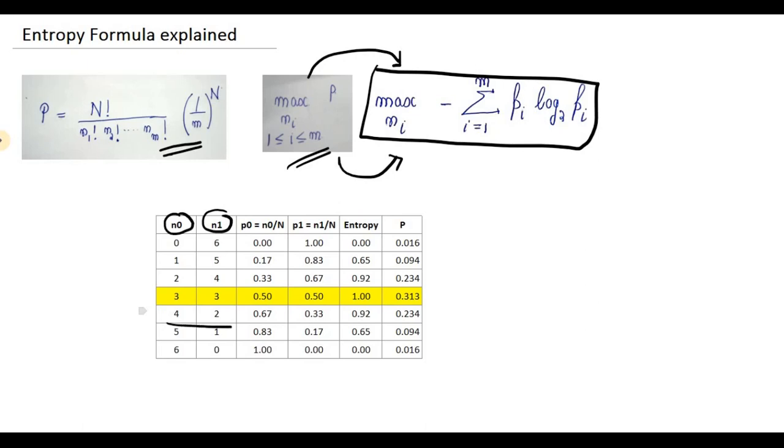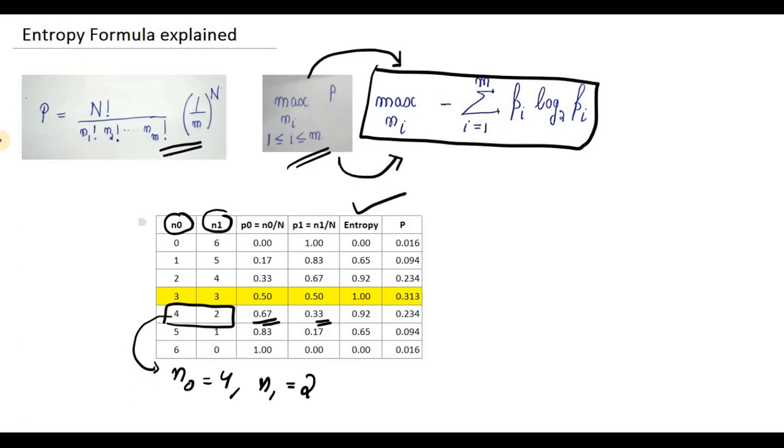If we consider any record over here, which is like 4 and 2, this is just one example where the number of negative examples are 4 and number of positive examples are equivalent to 2. Now we consider the probability as well, like this is the corresponding probability when we have 6 observations, like the data set is having just 6 observations over here.